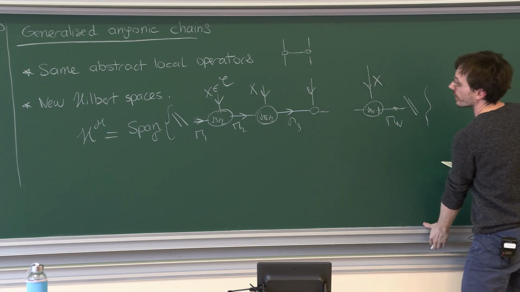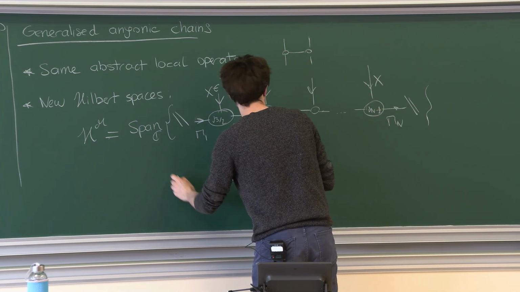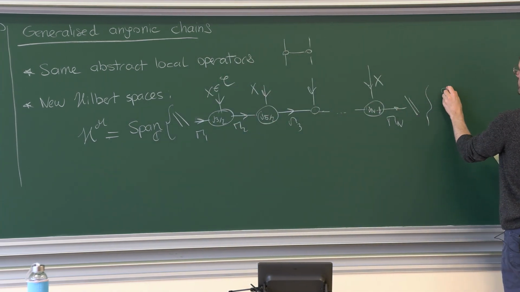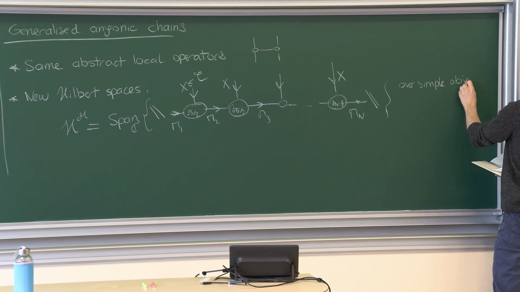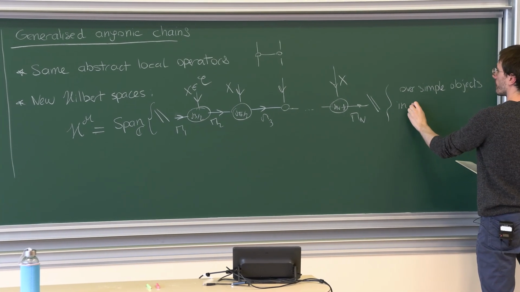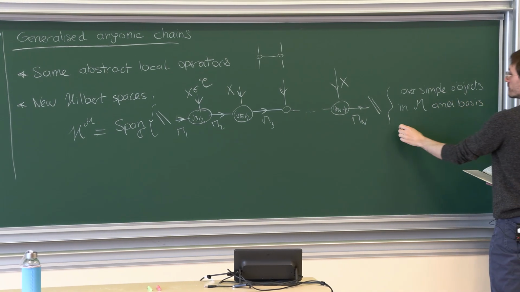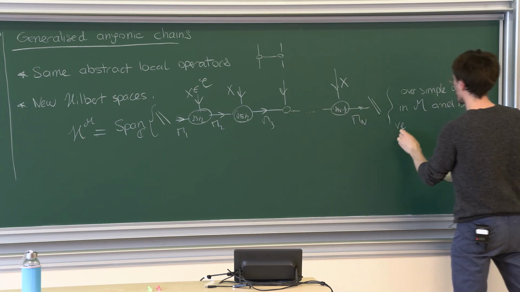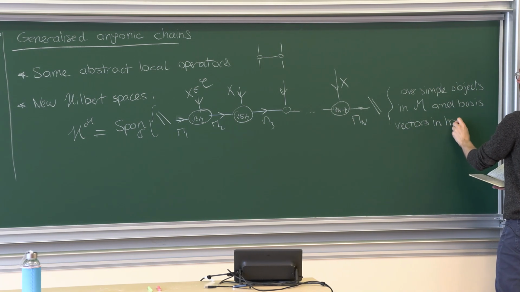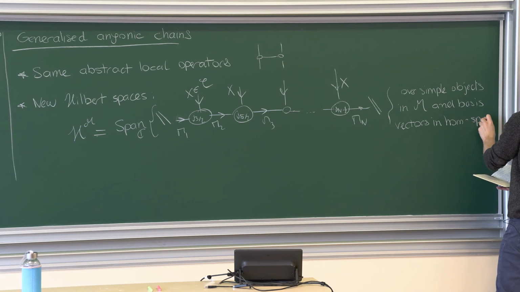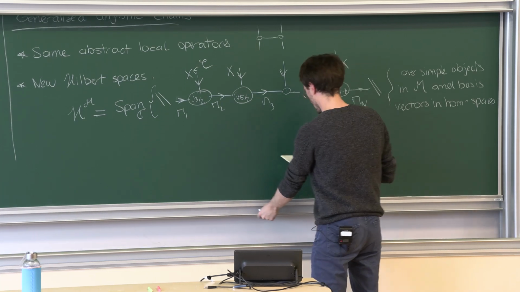So we have our states defined using these graphs like this, and so this span is over simple objects in M, and the basis vectors in the corresponding Hom spaces, the vector spaces that we have in Hom spaces, which are then in M. So let me rewrite it more formally.